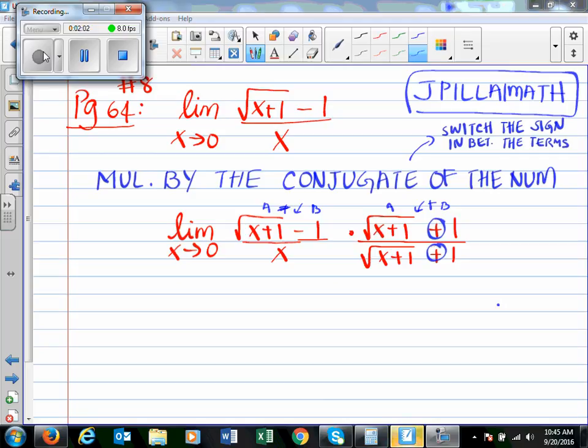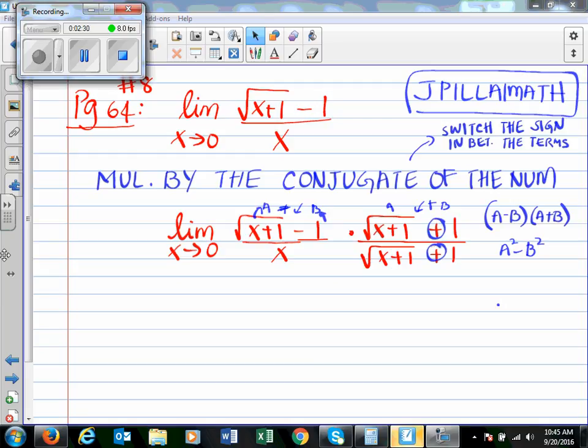So we use the special product, where this term is a and this term is b. That's the special product.